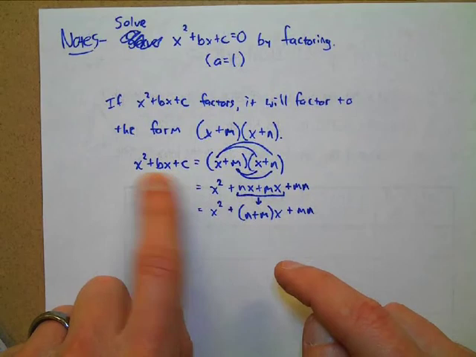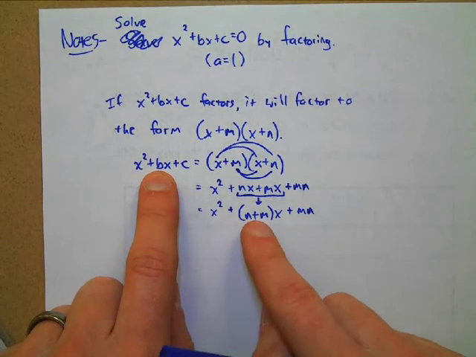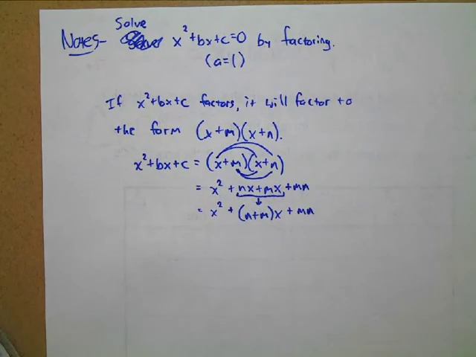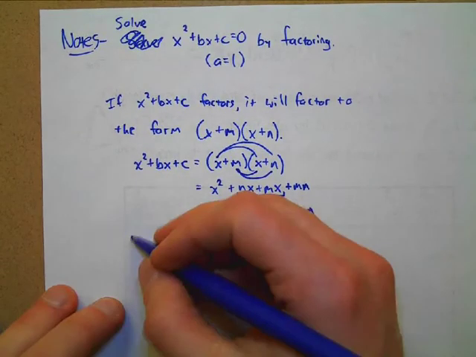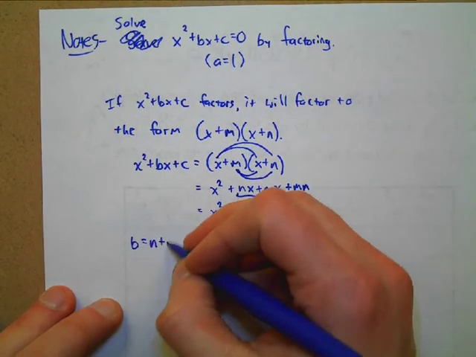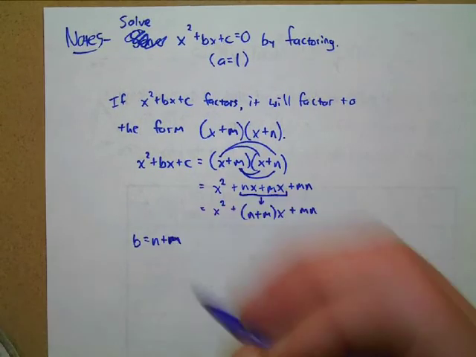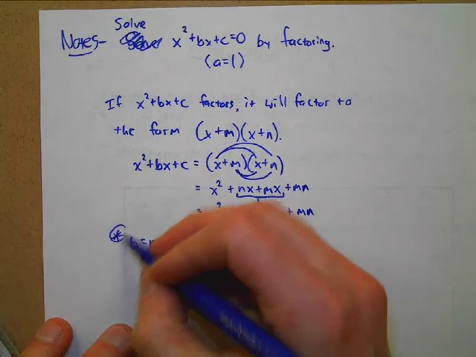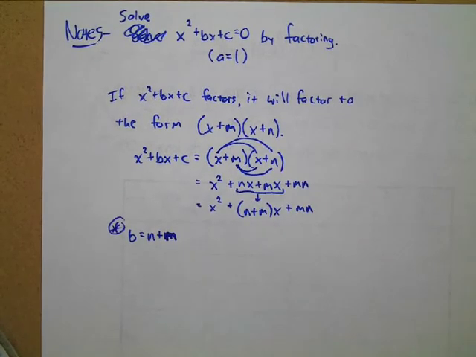B. The b, right? N plus m, that's the number in front of the x. The b is the number in front of the x. So in other words, b is equal to n plus m. Maybe I'll highlight that with some red here or something like that.